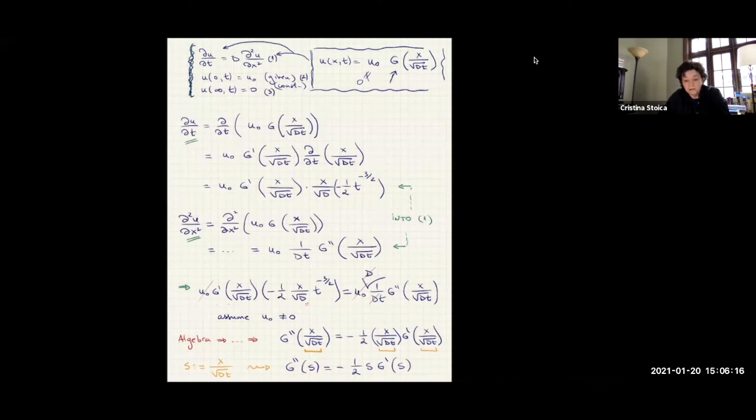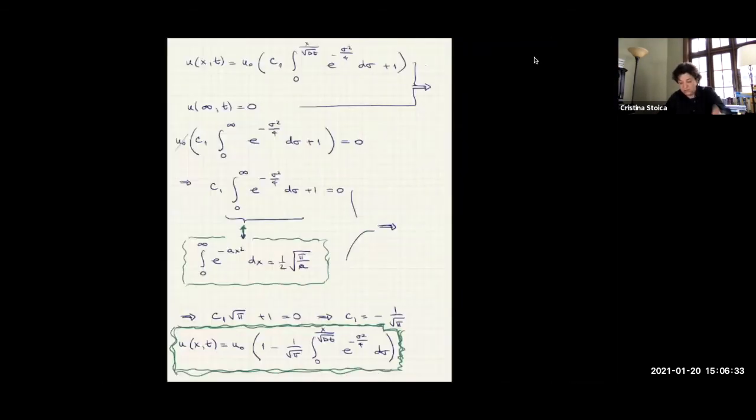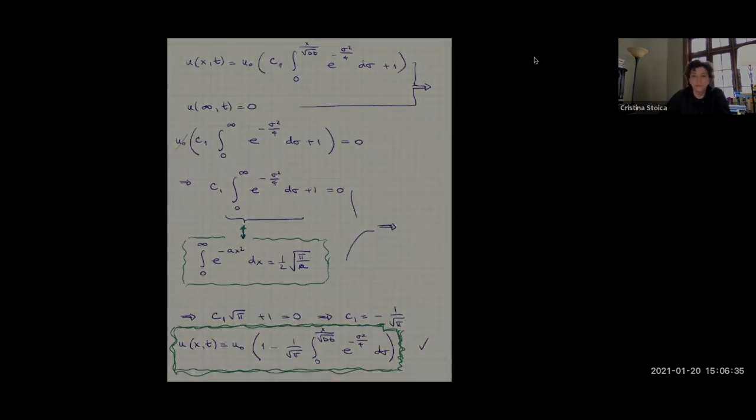It's a pure PDE problem, you wouldn't expect to know how to solve it, but using dimensional analysis, we managed to reduce it to a problem in ODEs that actually can be integrated. And here is the solution. Nice.